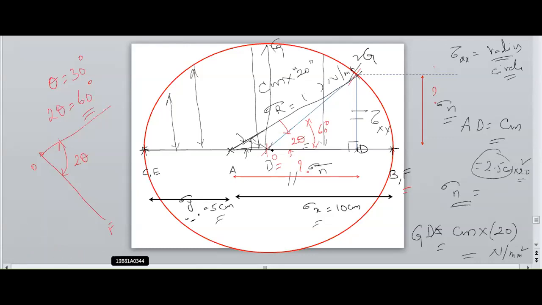So I can find the radius of the circle. That is nothing but O to F, which is 7.5 centimeters into the scale. I have considered 20 as the scale factor.